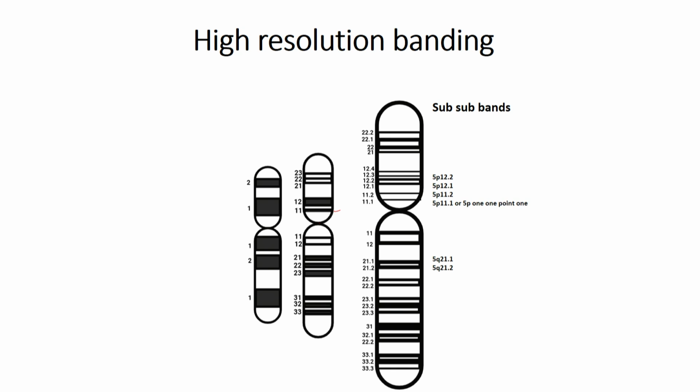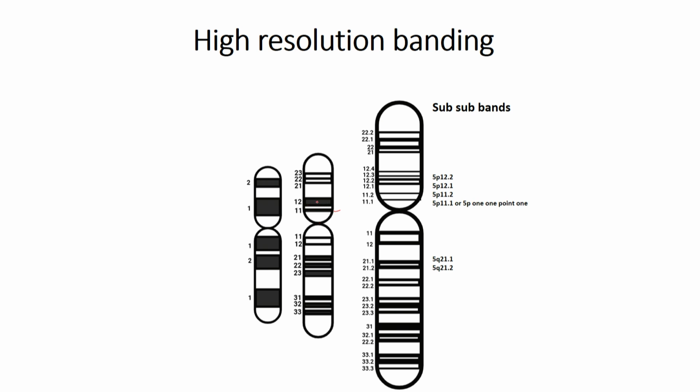Here band number 1, 1 is resolved into two bands. How will we call it? We will call it as 11.1, 11.2. So at this moment the point, or decimal, has come.